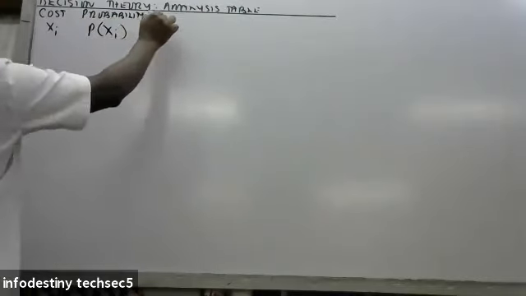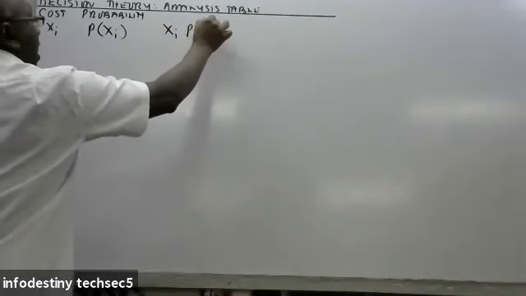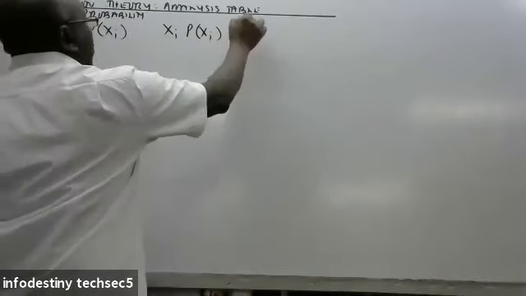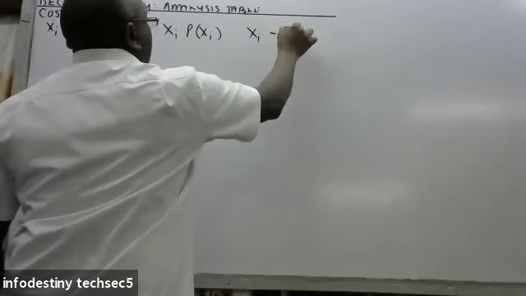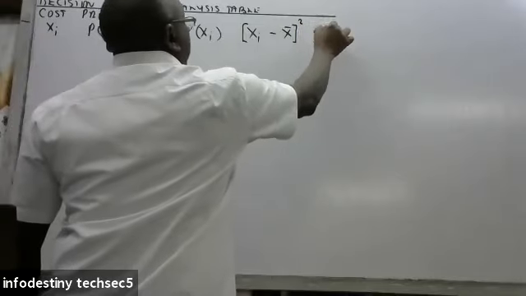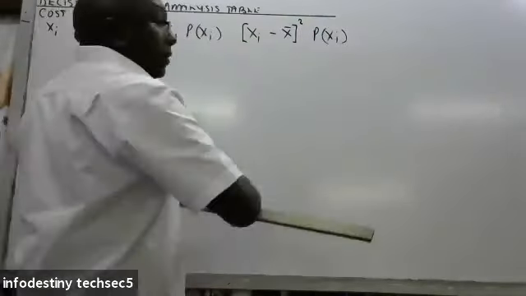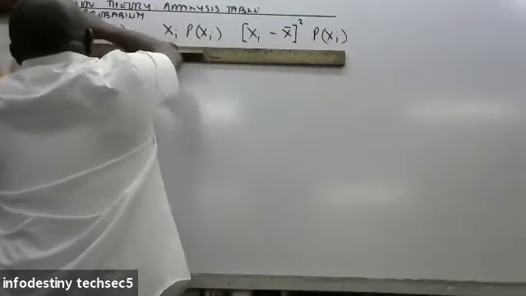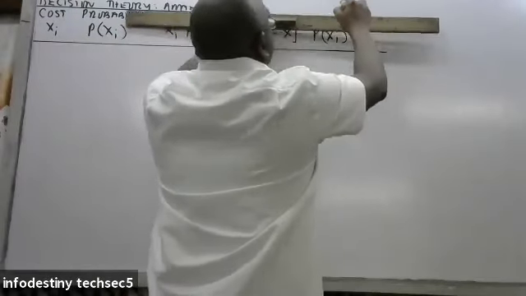We will have a column where xi is multiplied by probability of xi. And then we will have a column where xi is reduced by x bar, then we square, then we multiply by probability of xi. Those are the columns that we shall require for us to answer that question.